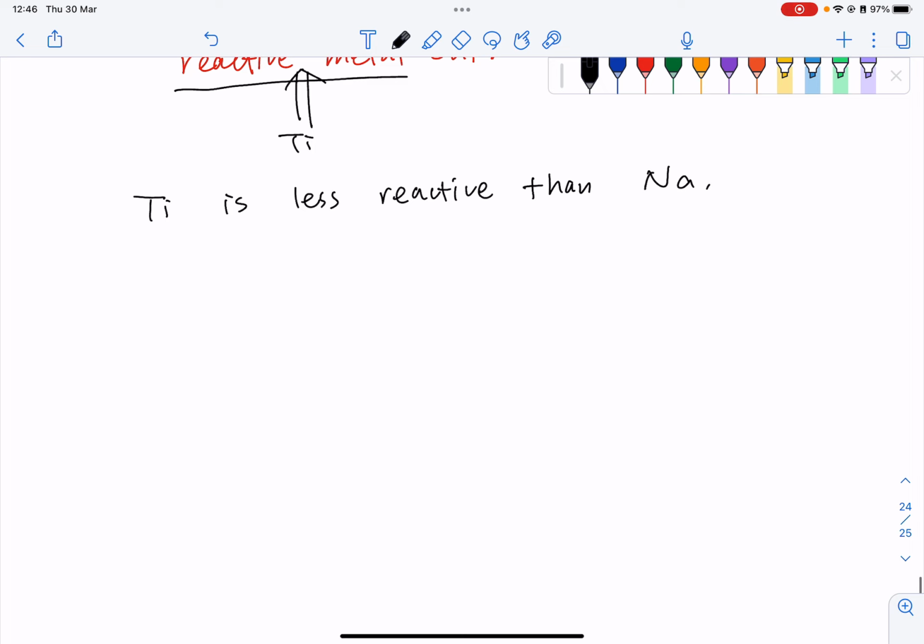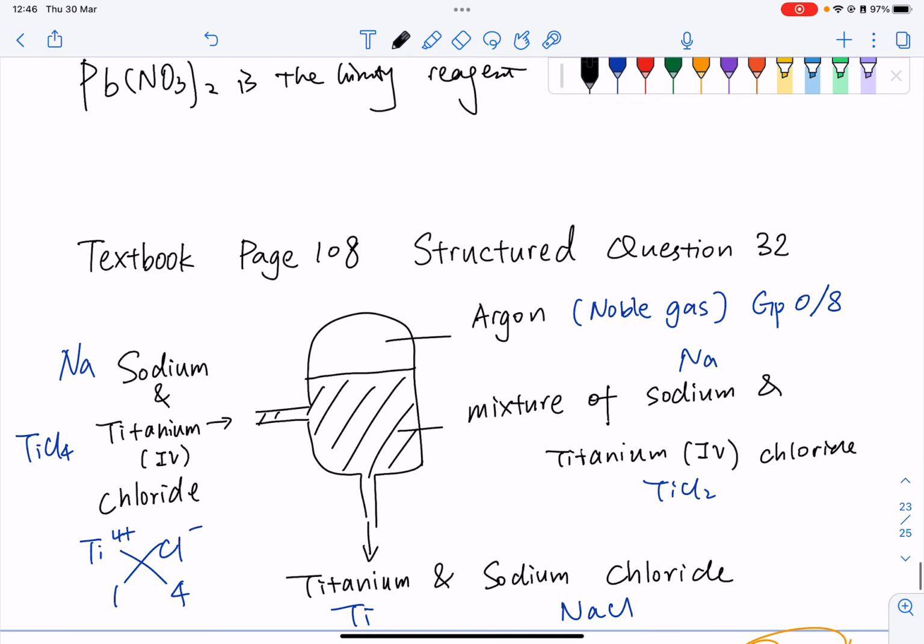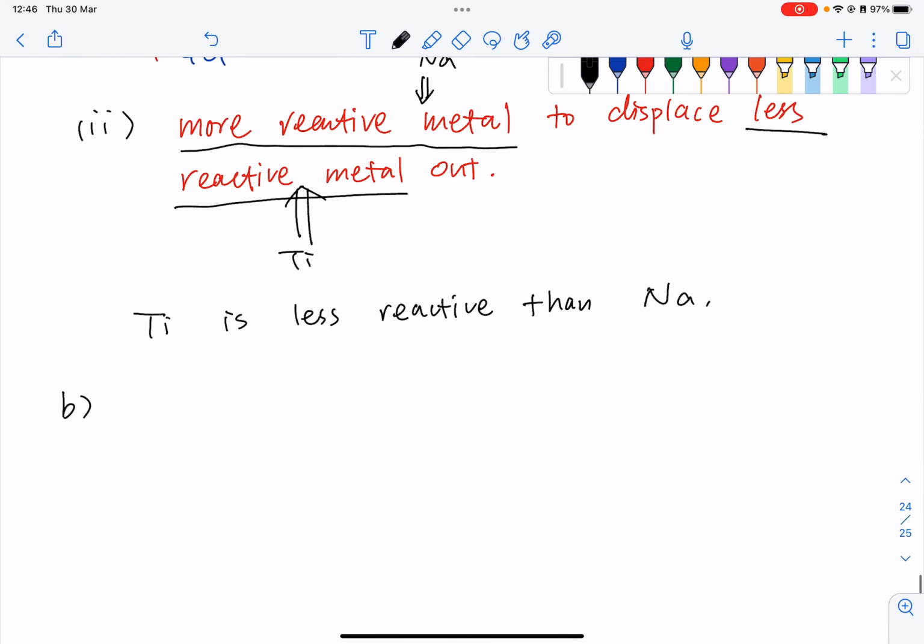Now let's take a look at B. It says, suggest why the reaction is done in an atmosphere of dry argon instead of air containing water vapor. So firstly, as I just said, argon is a noble gas, right? What does it mean by noble?